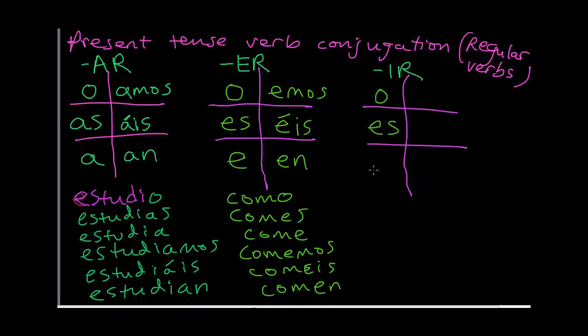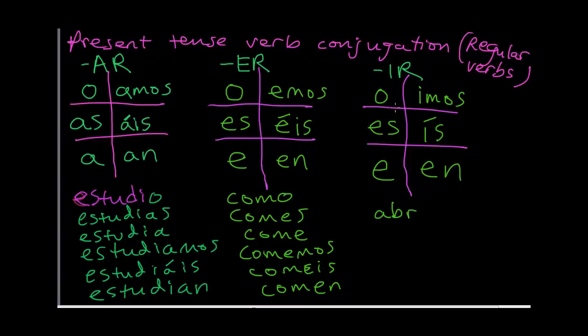They have a common ending, es, in verbos ER and IR. And the third person e. But the nosotros form is imos. AR verbs was amos, ER verbs is emos, and imos for IR verbs. Vosotros is ís, with an accent. So again, a different ending for IR verbs, and vosotros, en, looks like the ER or verbos AR ending.